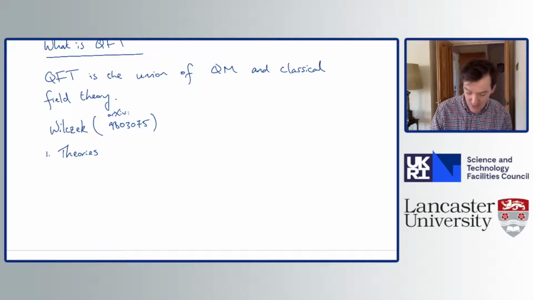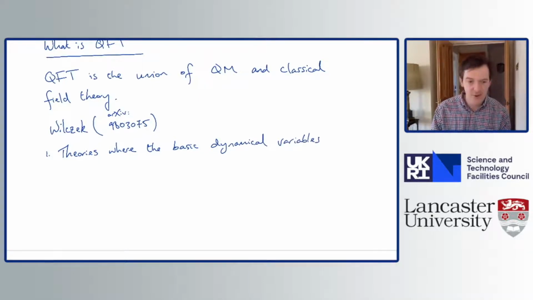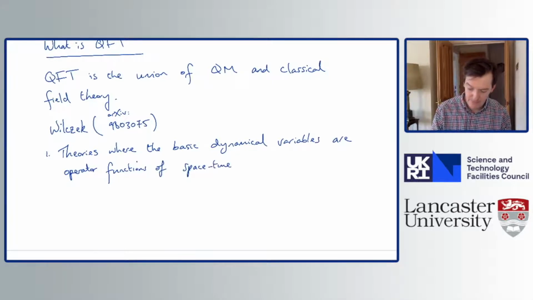He says quantum field theories are theories where the basic dynamical variables, the things that are going to be in the theory, are, and now here's some technical language, operator functions of space and time, or of space-time. These operator functions of space-time are what we think of as quantum fields.